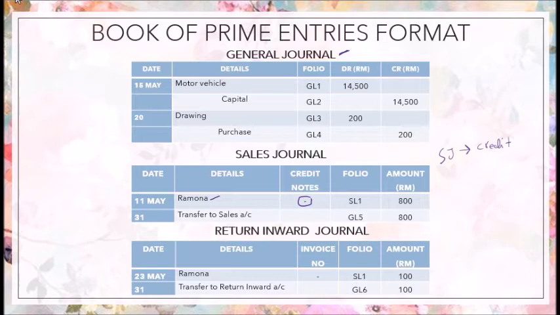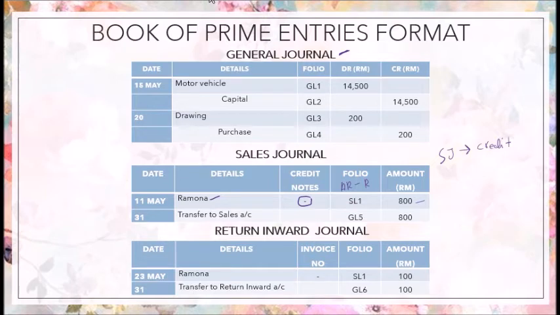Folio 1 is the ledger. So Ranoma will be under sales ledger 1, and the name will be accounts receivable, Ranoma, because he bought by credit, and the amount will be 800. See, transfer to sales account, 800.